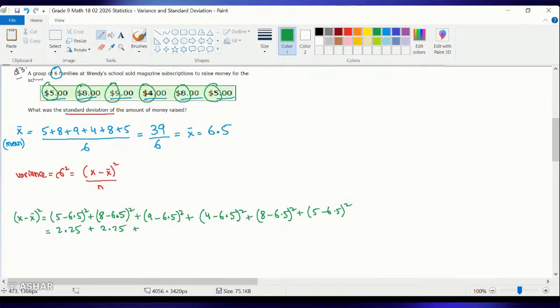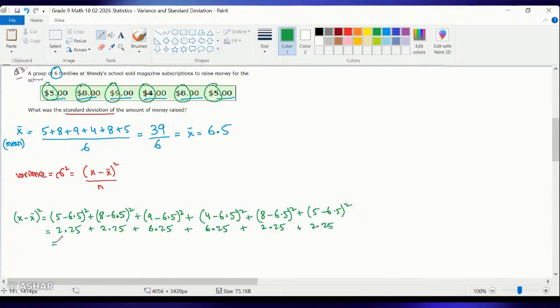9 minus 6.5 is 2.5. 2.5 squared is 6.25. 4 minus 6.5 is minus 2.5. With a negative, when we square, it comes out to be 6.25. 8 minus 6.5 we have already done, 2.25. And 5 minus 6.5 we had already done, 2.25.